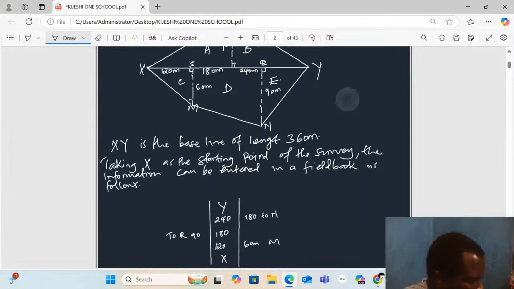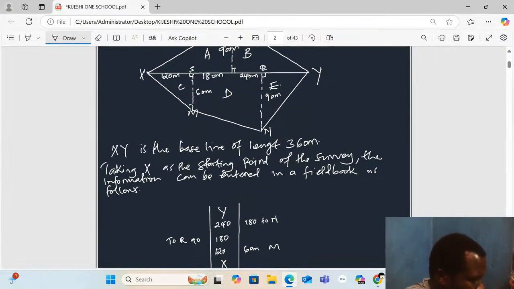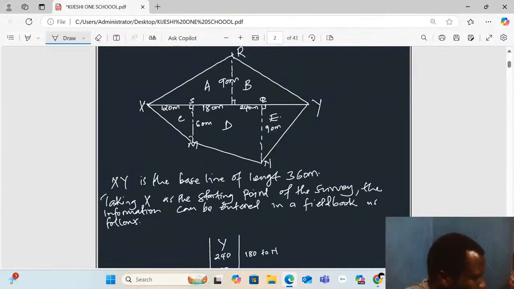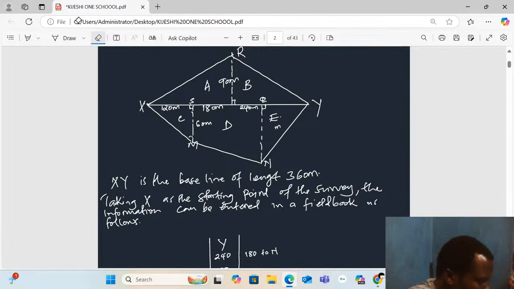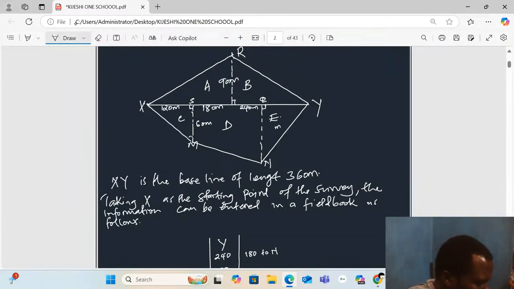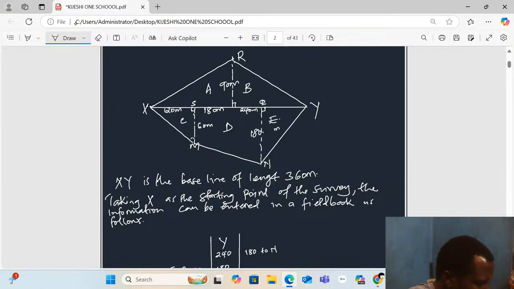Then we move to 240. Then we have 180 meters to N. Then we finish at Y. That is how we do it.